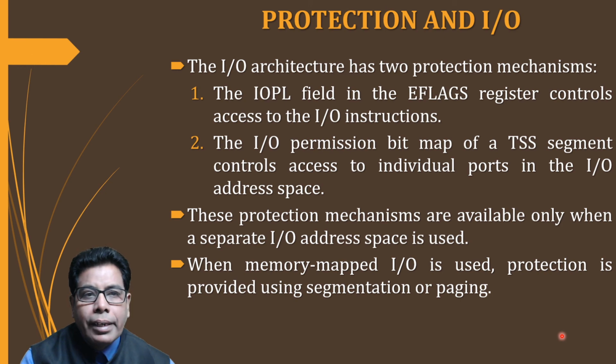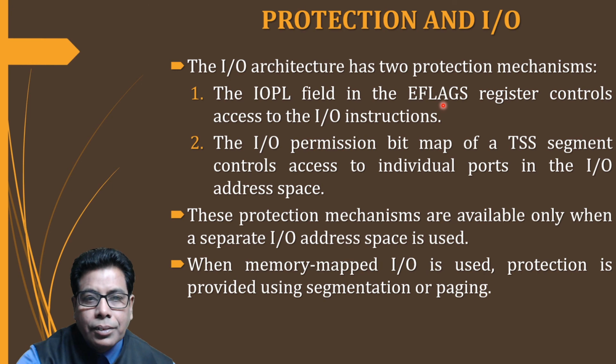So the IO architecture has two protection mechanisms. The first is the IOPL field in the EFLAGS register, which controls the access to the IO instruction. So this part is part of the EFLAGS. So that IOPL field will control the access of IO instruction.